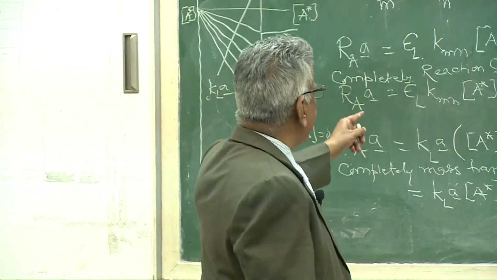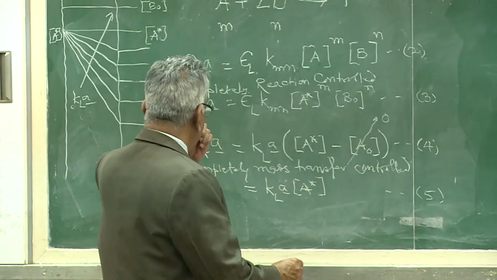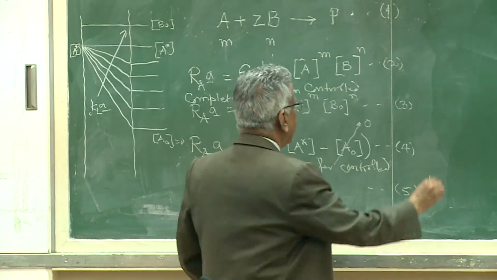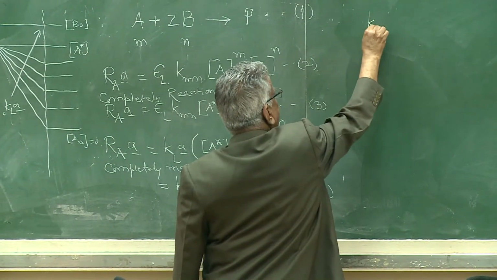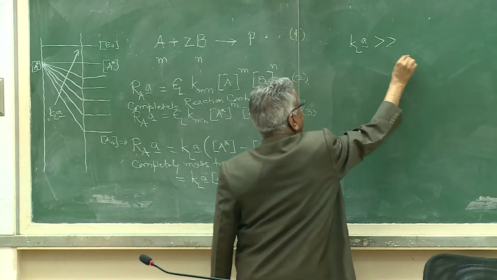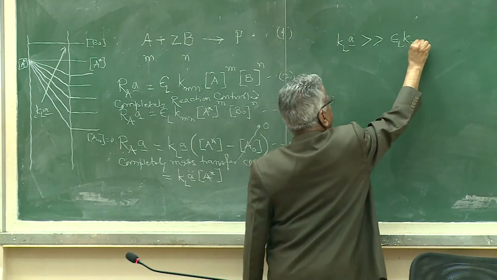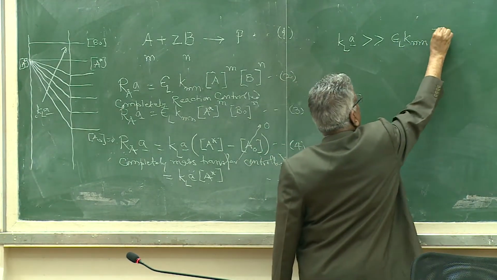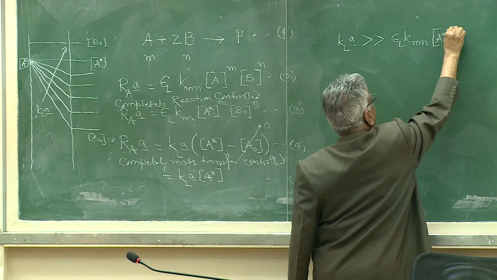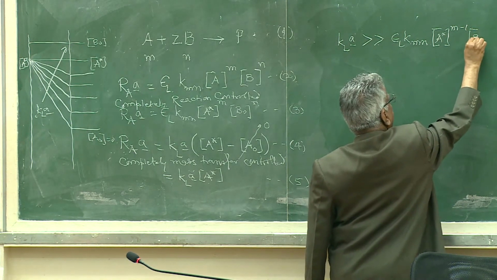So, if these are the two rates, and if we say that this rate is much higher than this, that is, if KLA is much greater than epsilon L Kmn A star raised to m minus 1 B naught raised to n.